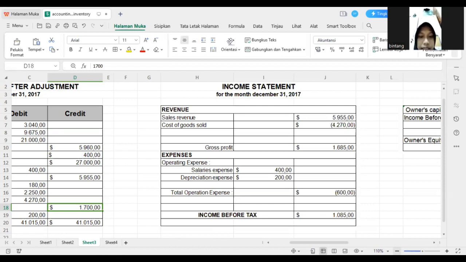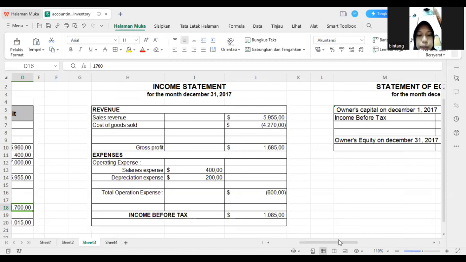And the operating expenses are salaries expense and depreciation expense. Salaries expense, the amount is $400, and we add depreciation expense. The amount is $200, and we get the total operating expense, and the amount is $600.